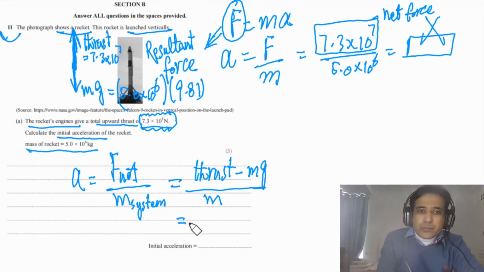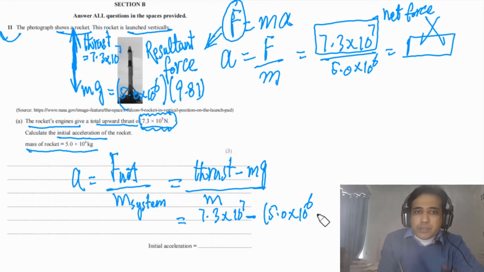So we have the value of thrust, 7.3 times 10 to 7, minus weight. Weight is 5.0 times 10 to 6 times 9.81, divided by the mass of the system.